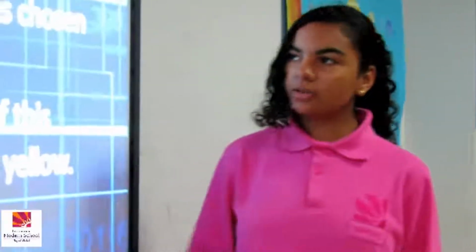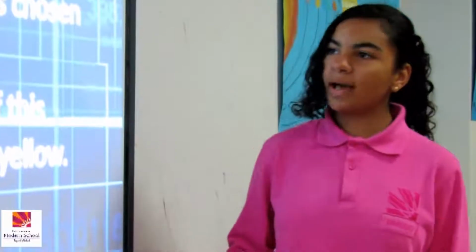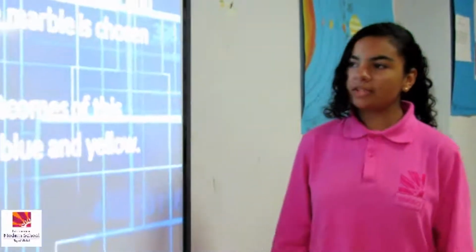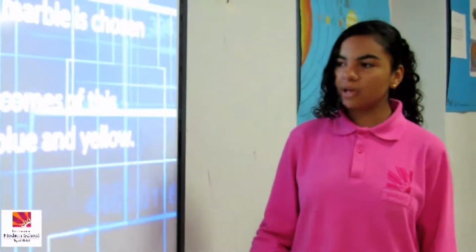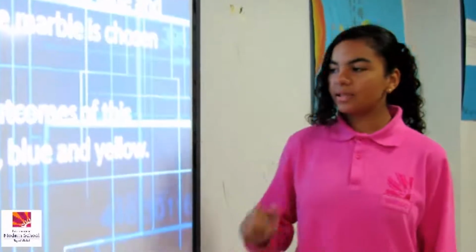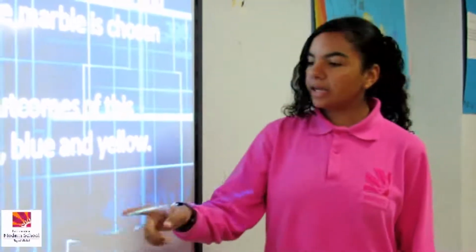Experiment. A jar contains 6 red, 5 green, 8 blue, and 3 yellow marbles. If a single marble is chosen at random from the jar, the possible outcomes of this experiment are red, green, blue, and yellow. The total of marbles is 22.